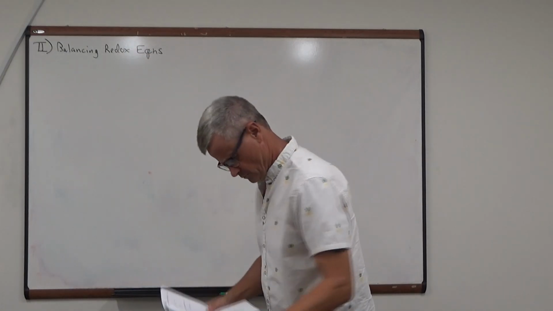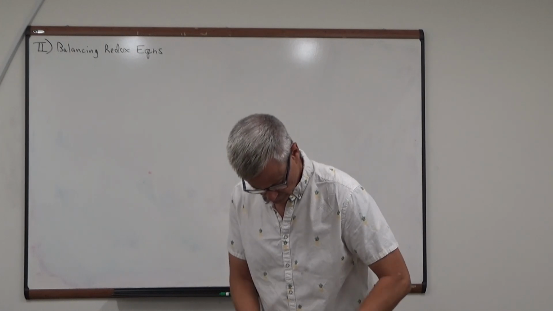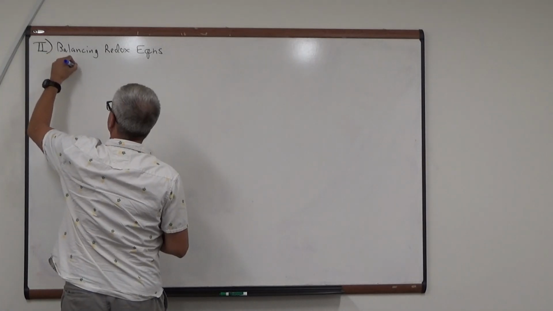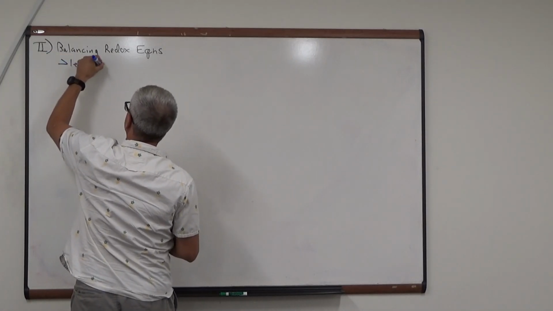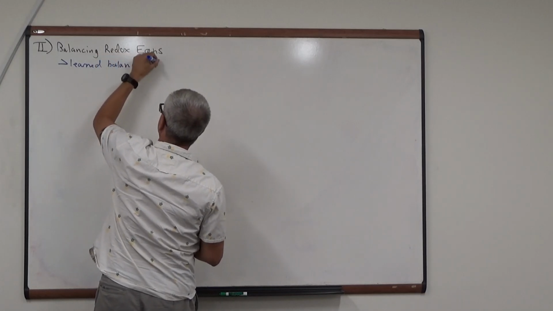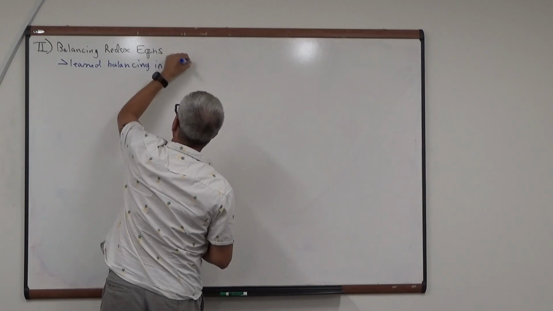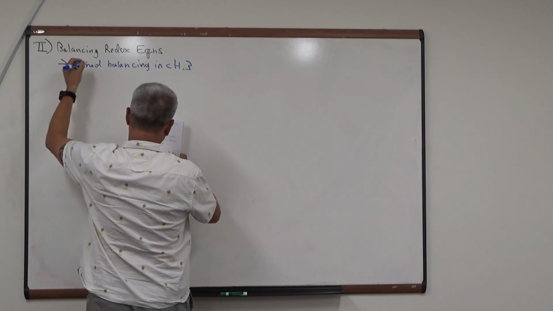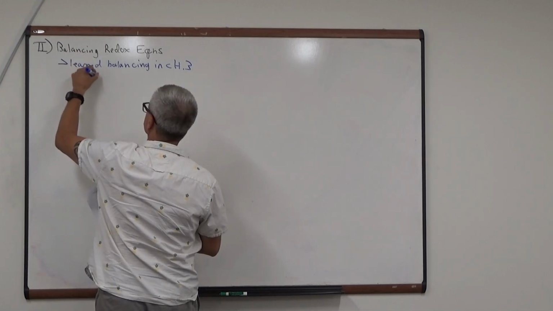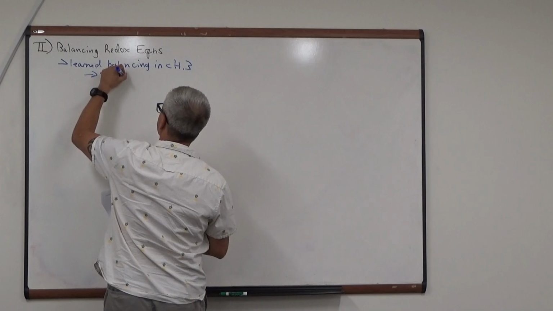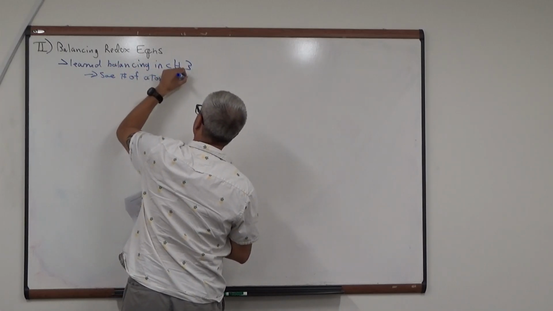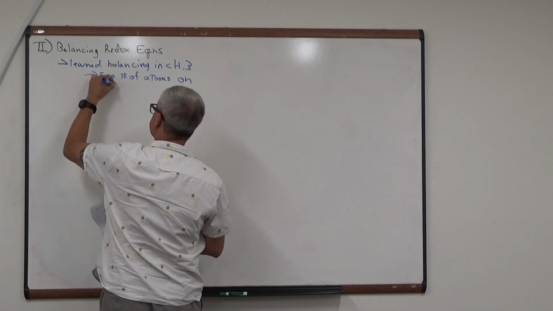We learned balancing in chapter 3: same number of atoms on each side of an equation.